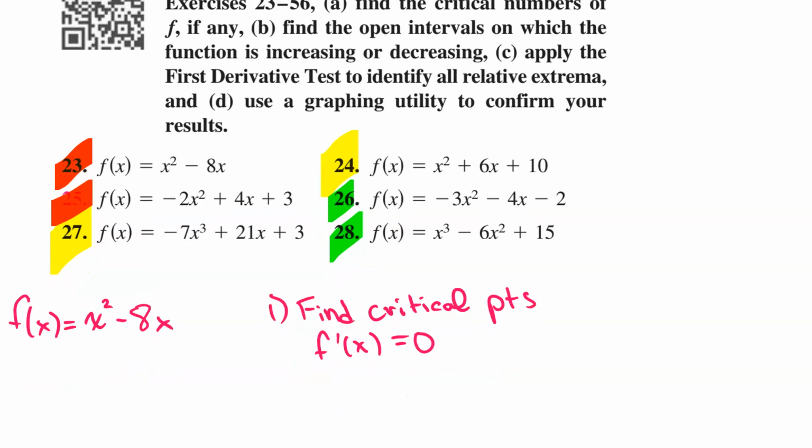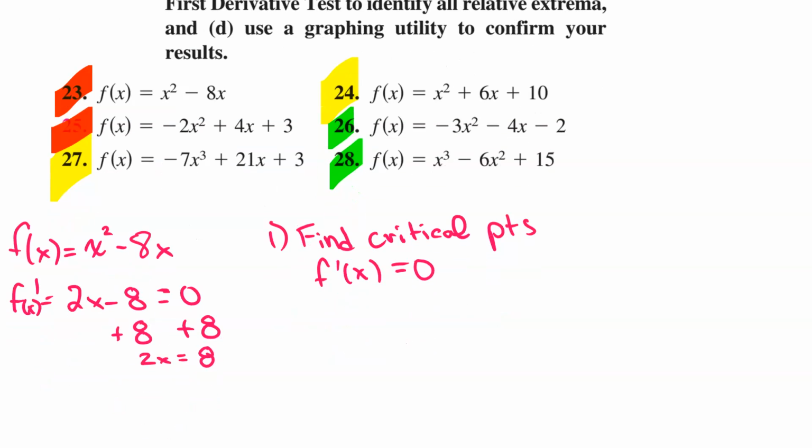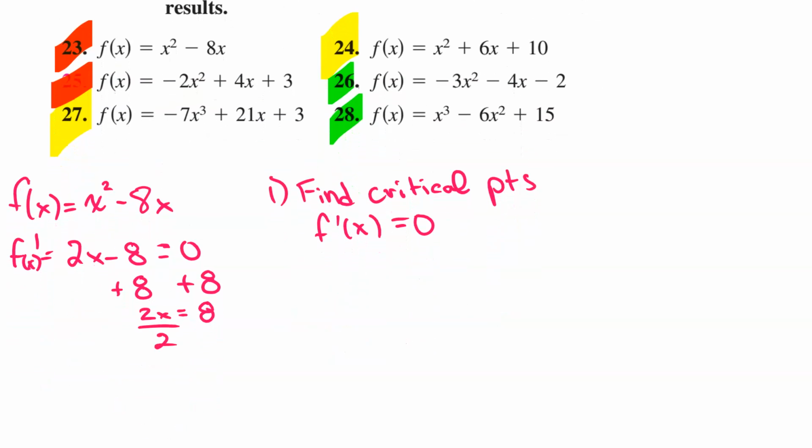So my derivative here is 2x minus 8. And then I solve that for when it equals 0, because when the slope or the instantaneous rate of change is 0, I have a candidate for relative max or relative min. So I've got x equals 4.